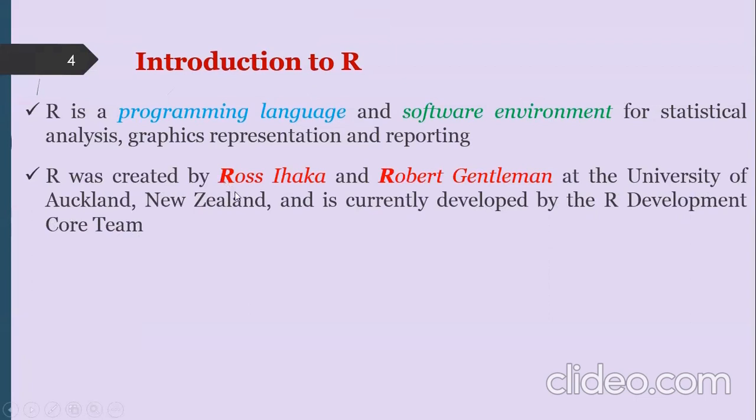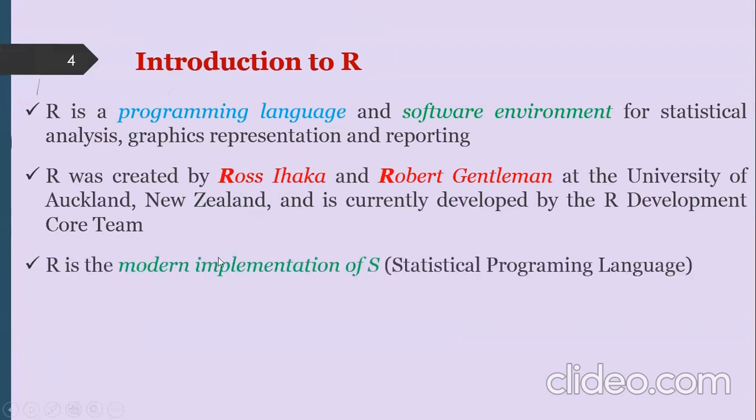R is named after its creators, the two scientists that introduced this language. R is a modern implementation of S. Before this, we had a language called S, a statistical programming language, and R is a continuation of that.